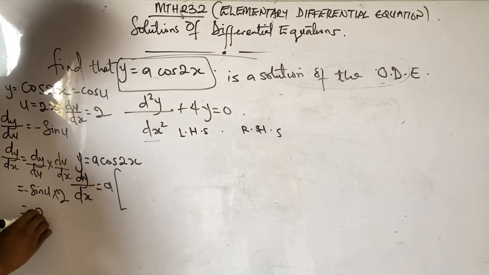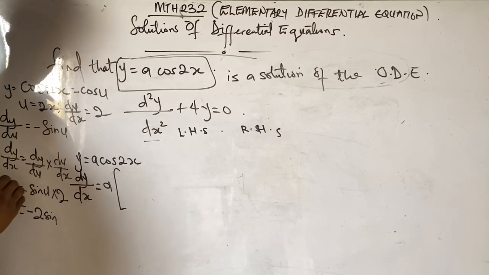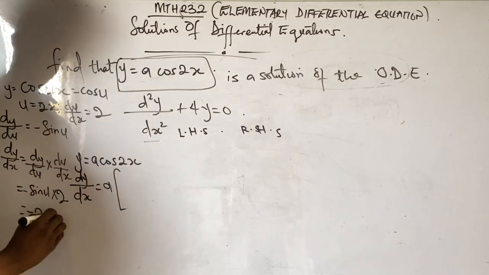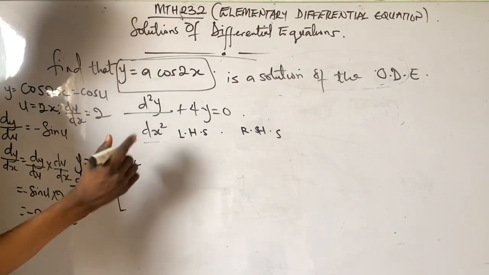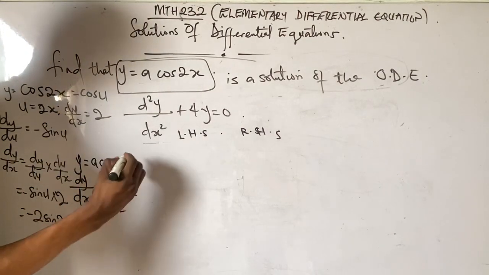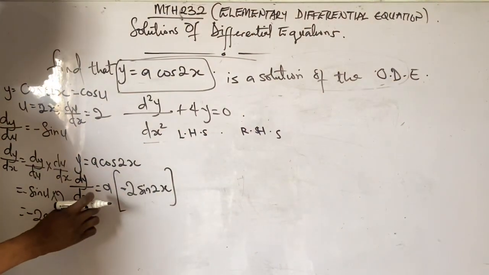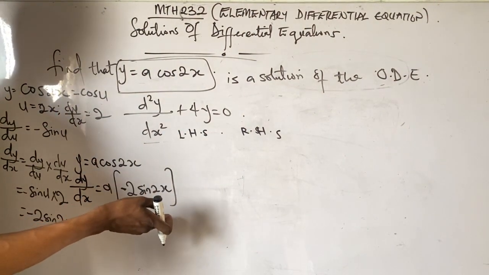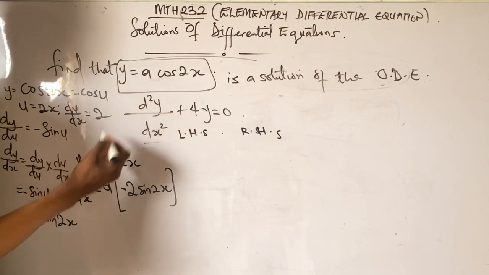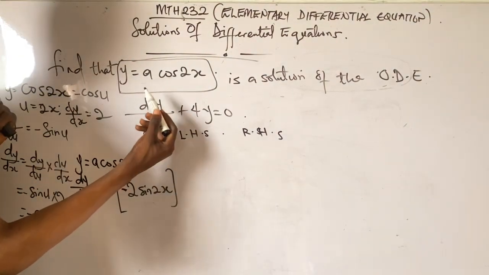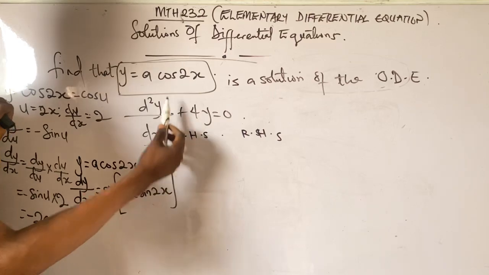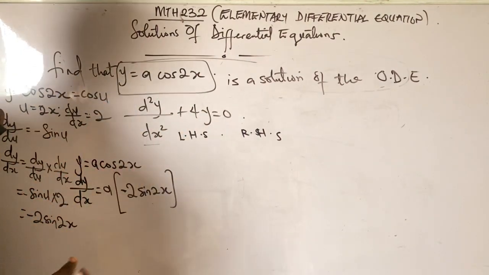So this is minus 2 sin u. What is u? 2x. So it becomes minus 2 sin 2x. That is dy/dx, the first order differential. Do not forget we are going to the second order, because this is a second order ordinary differential equation of degree 1.